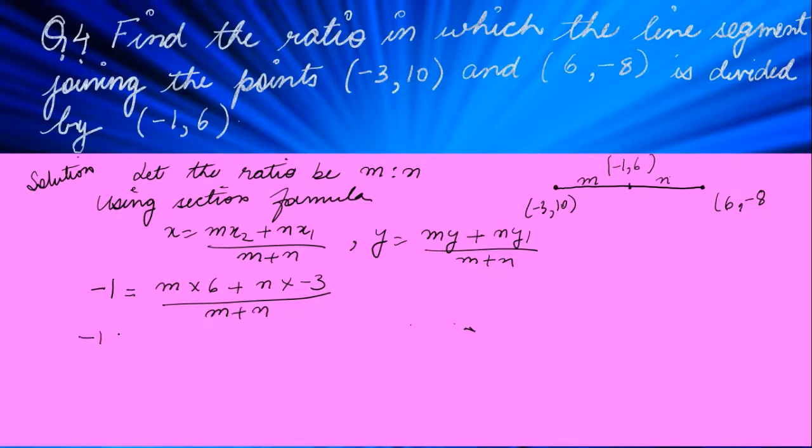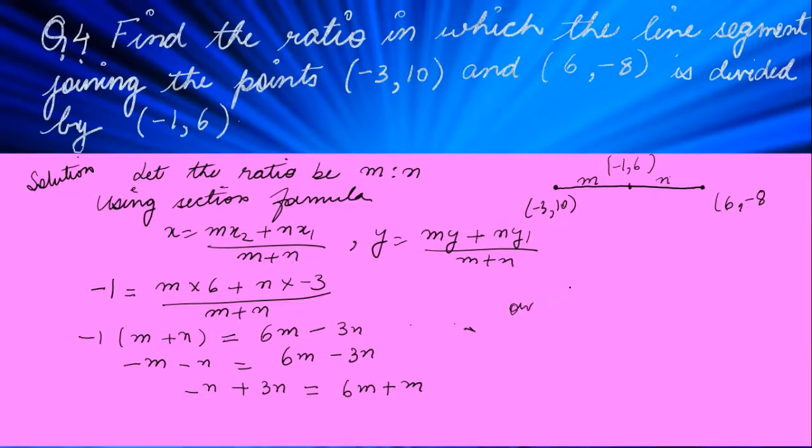So it will be -1(m plus n) equals 6m minus 3n, or -m minus n is 6m minus 3n, or -n plus 3n is 6m plus m, or you can say 3n minus n is 2n equals 7m, or 2 by 7 is m by n. So the ratio is 2:7.